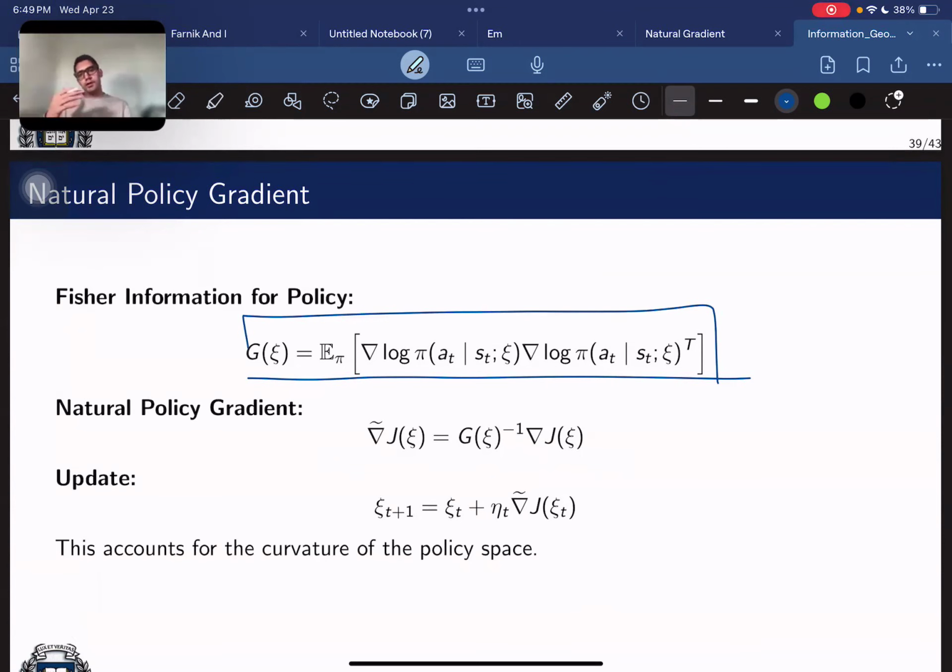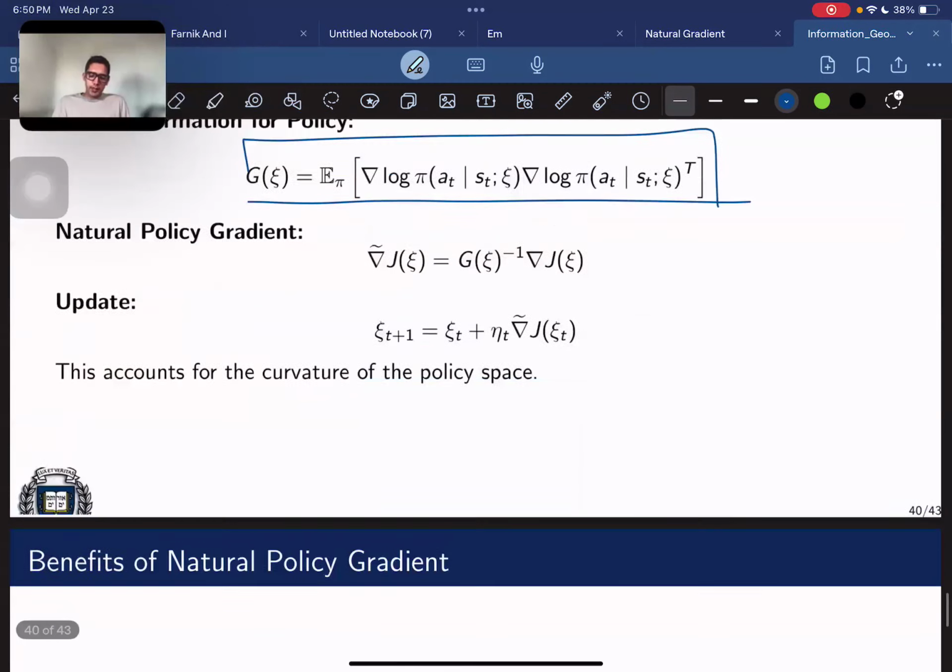You are taking the Fisher information and you're using the inverse of that. This has a lot of applications in PPO, TRPO, and all these applications. They use this G-matrix because they exploit the concept of the curvature of your space. And then you optimize over that parameter space.